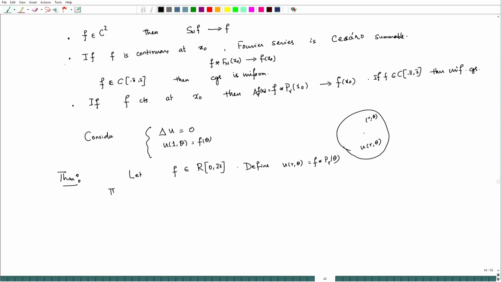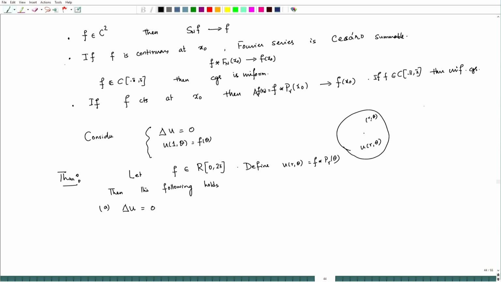Then the following holds. (a) For this particular u, we have del of u is equal to 0.